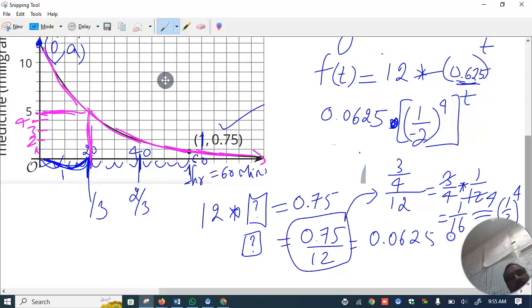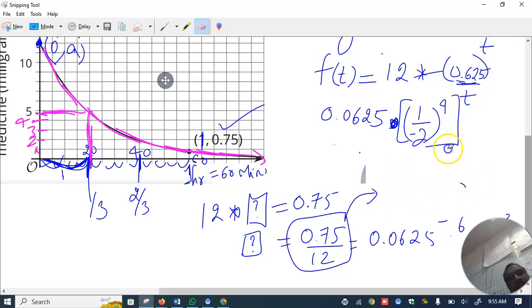Or I'll just write this as half raised to 4, which is 1 over 16.